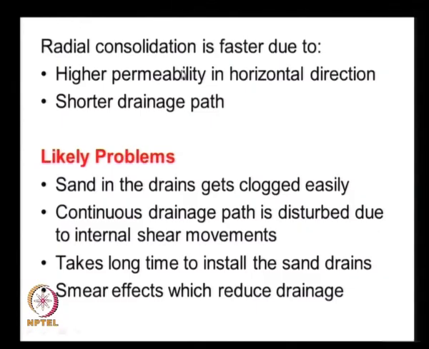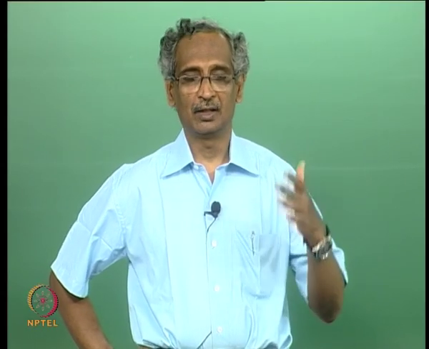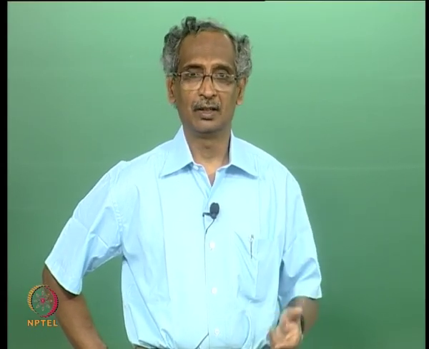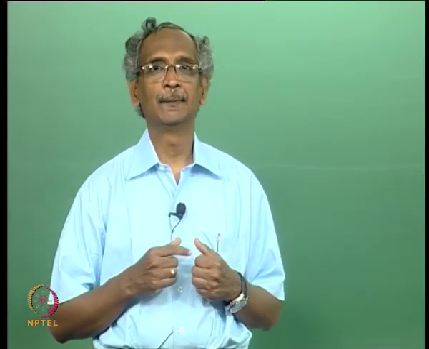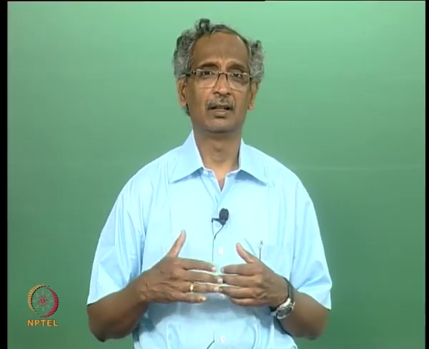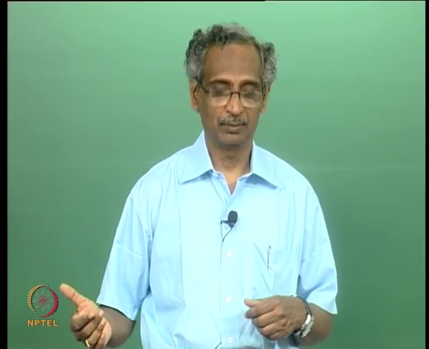So, they have a higher permeability, and relatively that gets reflected in a higher coefficient of consolidation, and of course the shorter drainage path. Because of these two reasons, radial consolidation is very fast, because in a given time if we are able to achieve about 10% degree of consolidation in the vertical direction, the degree of consolidation that is achieved in the radial direction could be of the order of 80 to 90%.